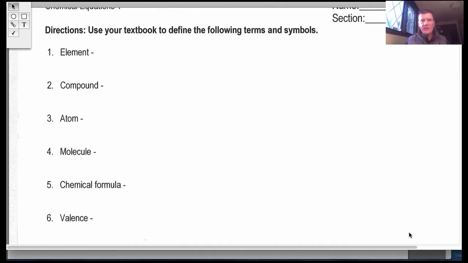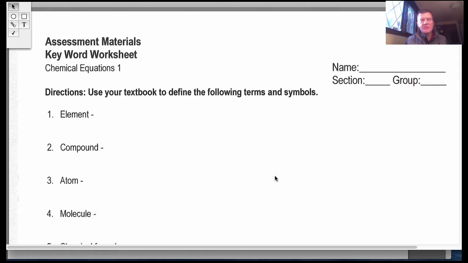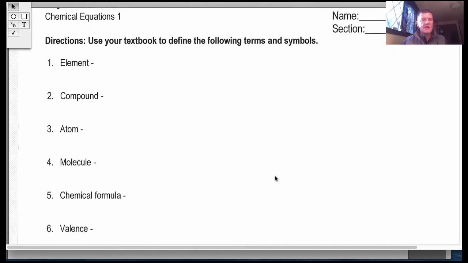The first thing that we often like to do is to talk about some of the key words that we're going to be using in this lab. So let's go ahead and define these very quickly. We have talked a lot about these definitions already and used them throughout the course. So an element, these are on the periodic table, right?